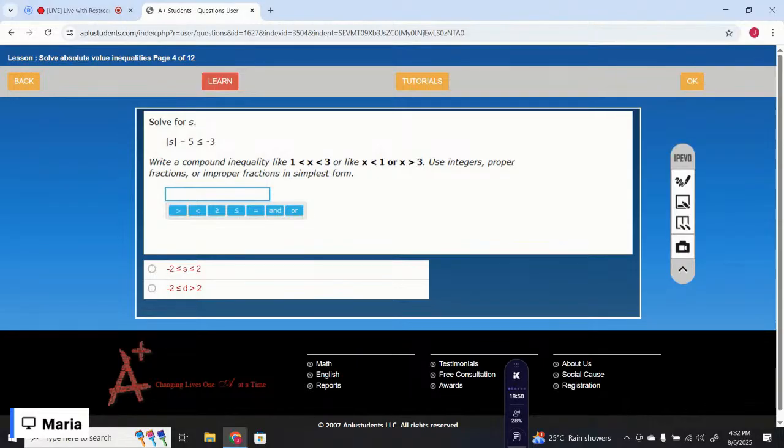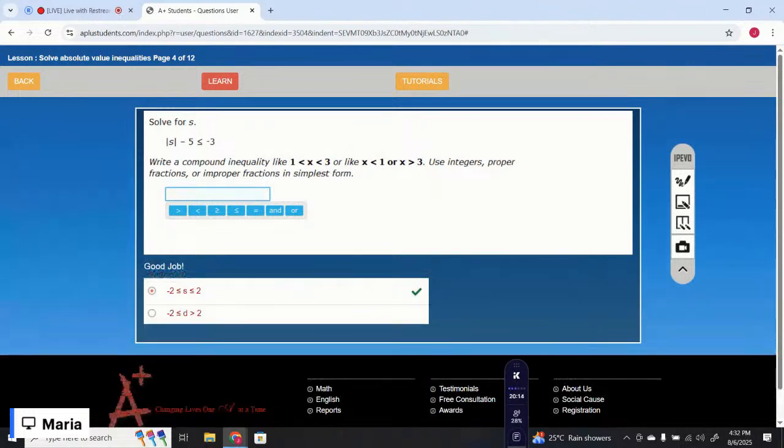Solve for S. Option number 1 is the correct option. That is -2 is less than or equal to S is less than or equal to 2.